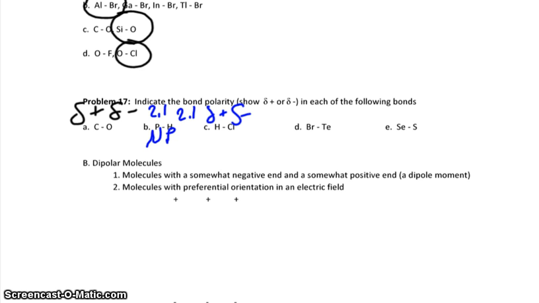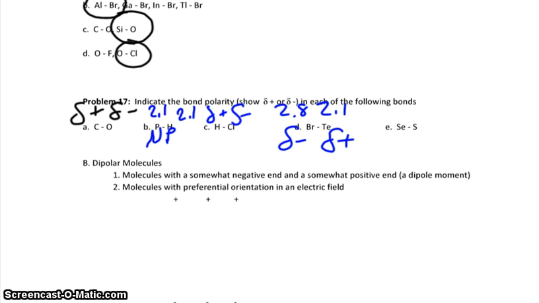And it's not close enough on the periodic table to make it a polar bond. And if you do check, you'll see that my guesses were right. Bromine is 2.8 and tellurium is 2.1. So this is 2.8, 2.1. Bromine is more electronegative, so it gets the partially negative.